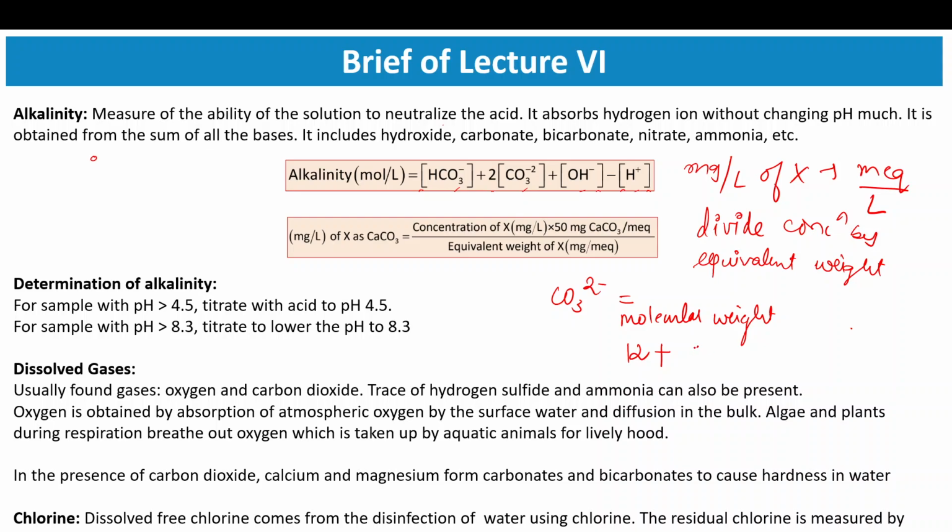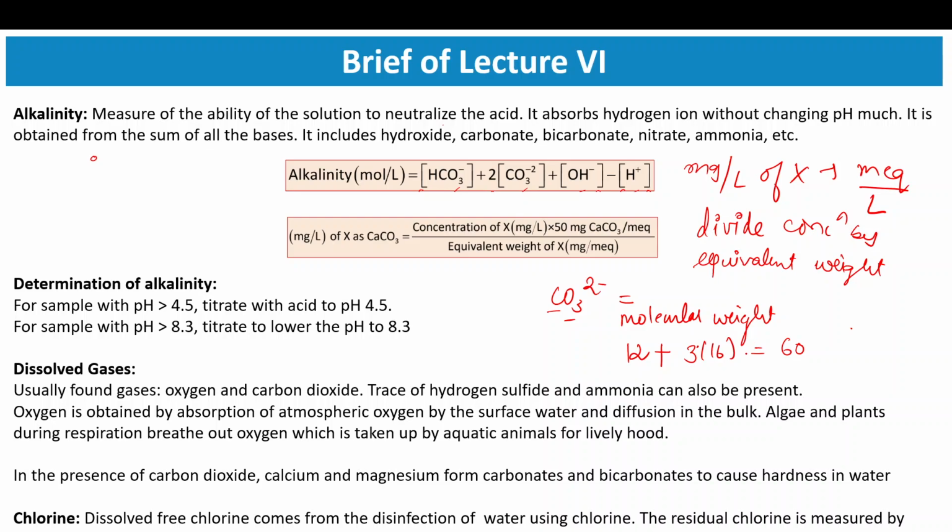Oxygen molecular weight is 16. 3 into 16 plus 12. While calculating molecular weight, you do not include charge, right? So it is 12 for carbon plus 3 into 16, 48, so 60. Right? So 60 is the molecular weight of carbonate.